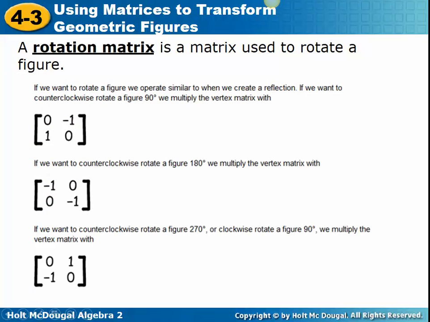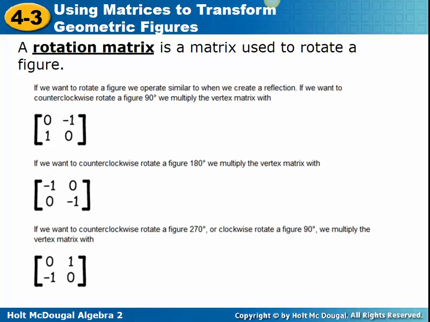All right, next we're going to talk about rotation matrices. A rotation matrix is used to rotate a figure. So it's kind of like what we do with the reflection. We're going to be multiplying. We take our rotation matrix and then we multiply our pre-image matrix by that.